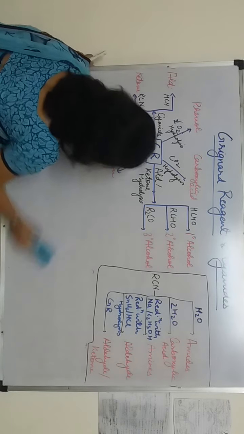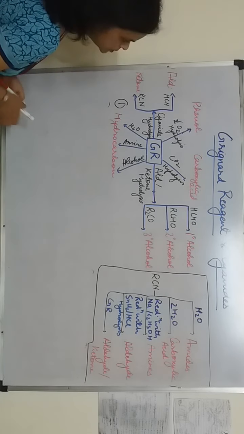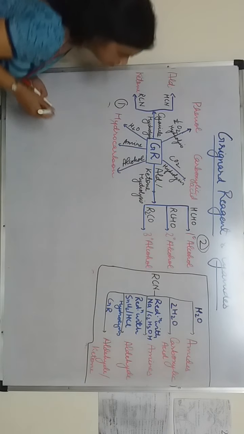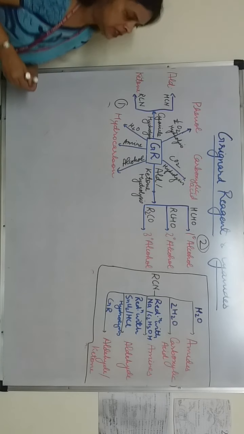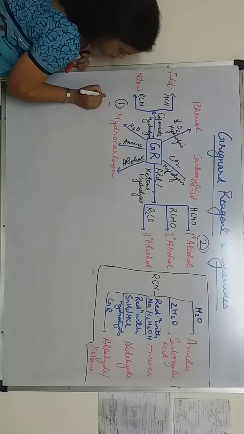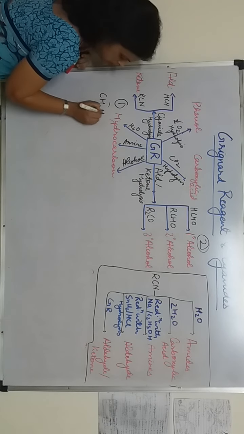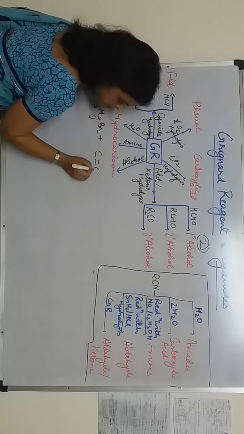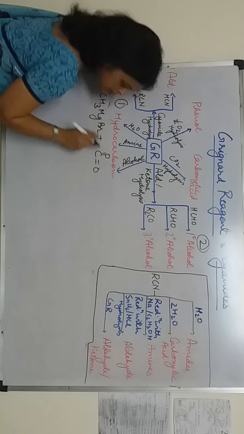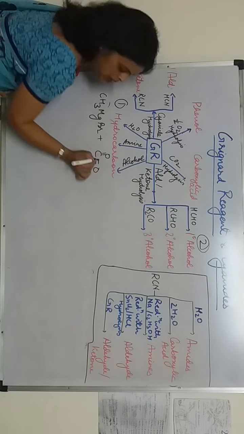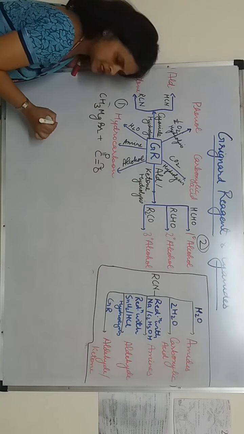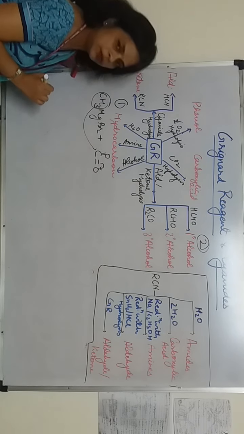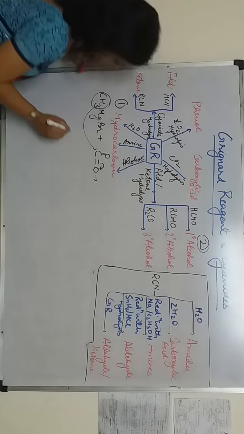Now we will see the third one. Let's put the number over here. This was the second. Now the third one: Grignard reagent, CH3MgBr, when it combines with carbon dioxide. This is the CO2 molecule. Again we will shift a bond like this and this methyl group will come with this carbon. Let's draw the structure.